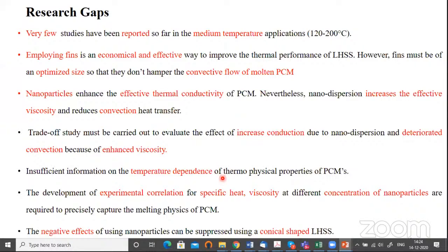And then, even the employing of fins or intervention of the physical geometry of that particular system has not been studied to find out whether there is any economical and effective way to improve the thermal performance of the latent heat energy storage system.